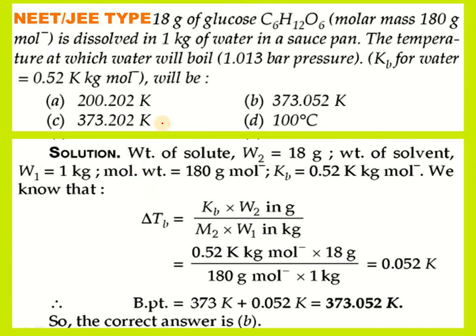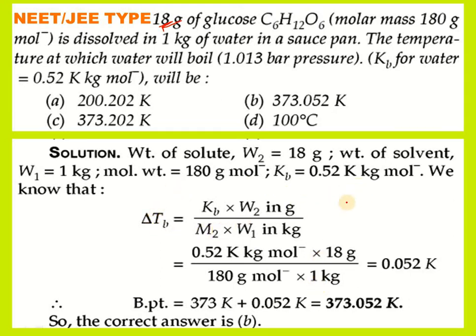So here this is a colligative property, and we have to use the elevation of boiling point formula. In this formula, the Kb value given in the problem, Kb into the weight of the solute, which is 18 grams given in the problem, divided by the molecular weight of glucose, 180, and the weight of the solvent, 1 kg.